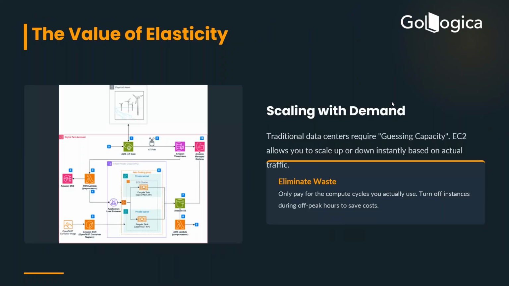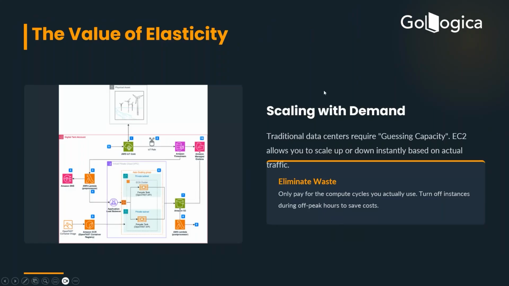When we configure auto scaling, based on demand our instances will automatically create more instances. And when the demand goes down, it will automatically reduce the number of instances.